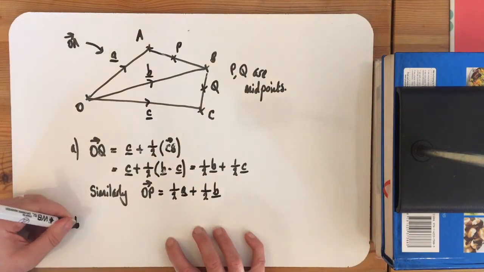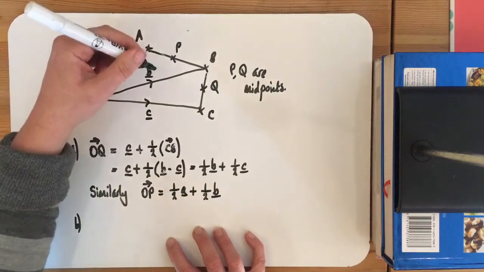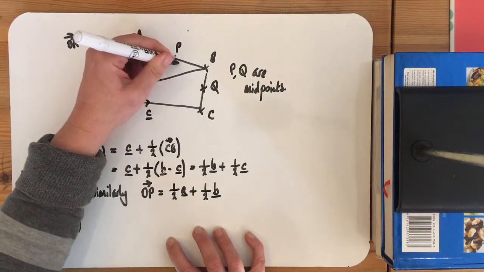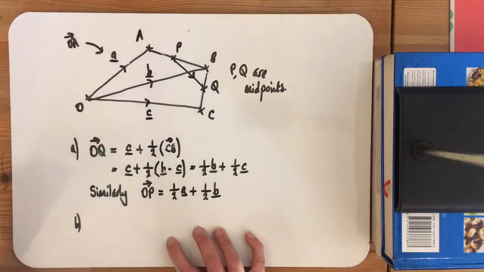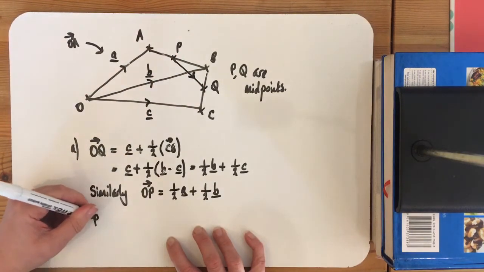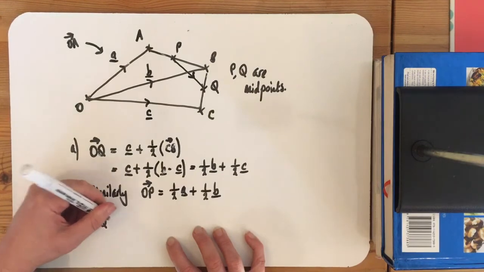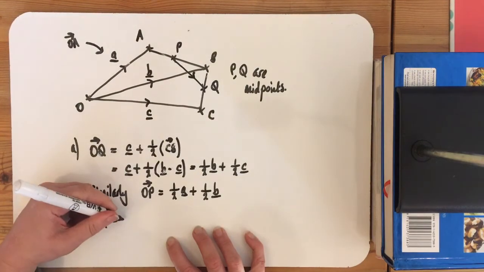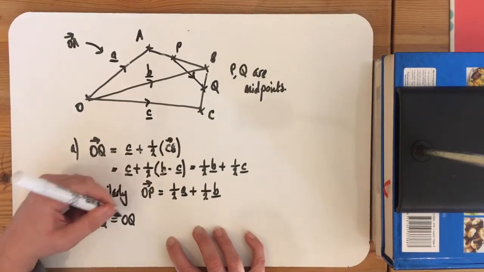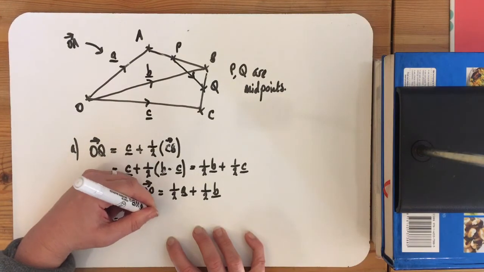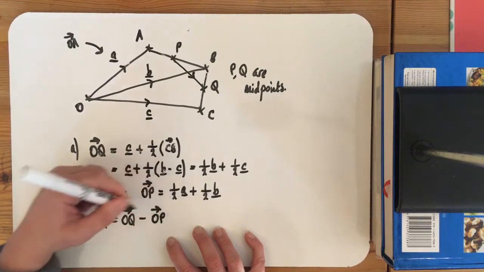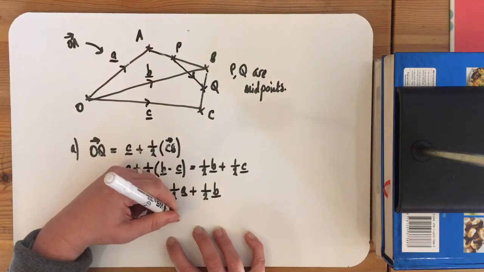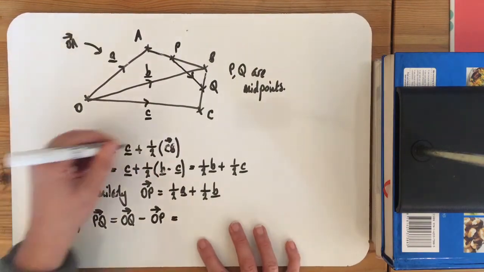And then if you want the vector that takes you from P to Q, so we're actually finding this vector here. It's a little bit less intuitive. Then you can do position vector of Q, so it's the second one, minus position vector of P, which is the first one. And then we can literally work with this.